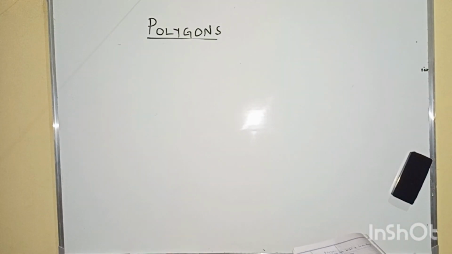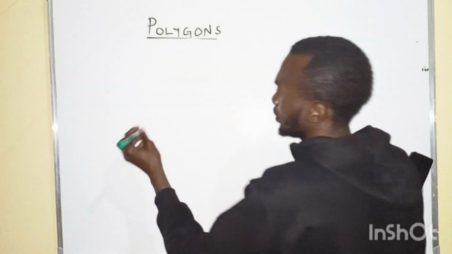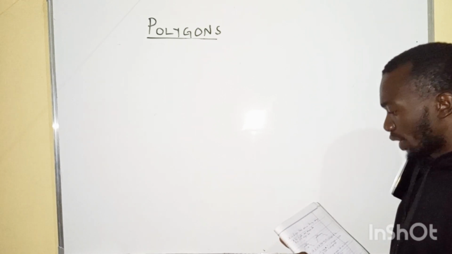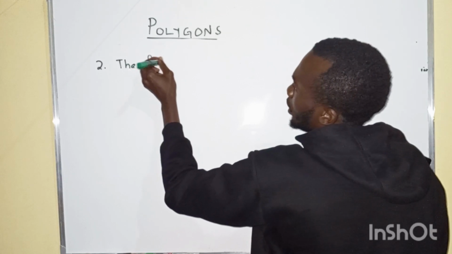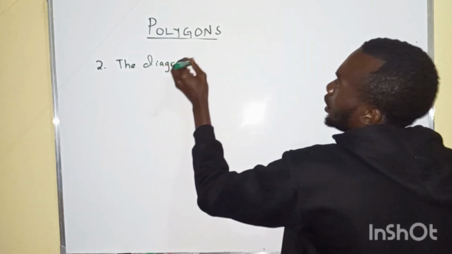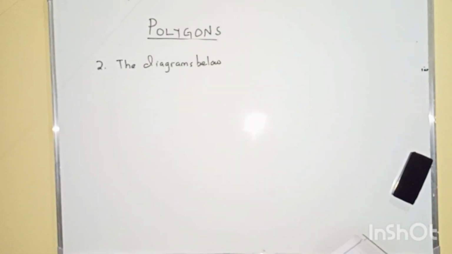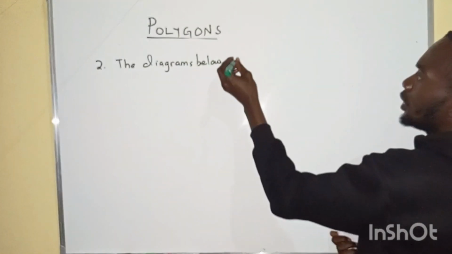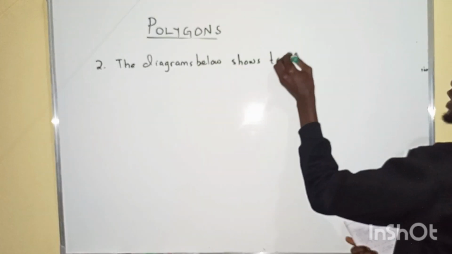Question 2: the diagram below shows parts of 2 regular polygons.